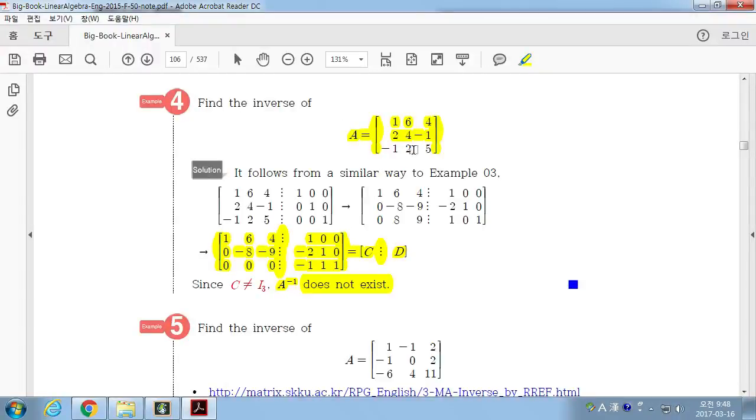Okay. Find the inverse of this matrix. With this 3 by 3 matrix, form an n by 2n matrix, then find the RREF of it. Then this is the REF of this matrix.